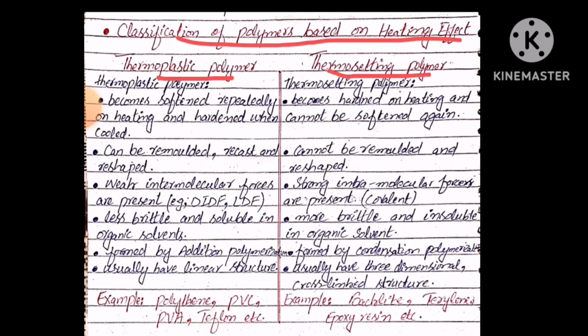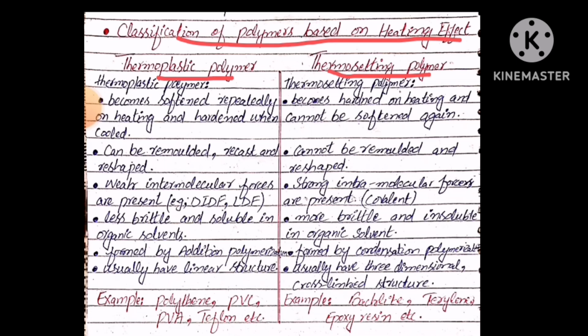So, you can write this question in tabular form, mainly 4 to 5 points of difference about each class.